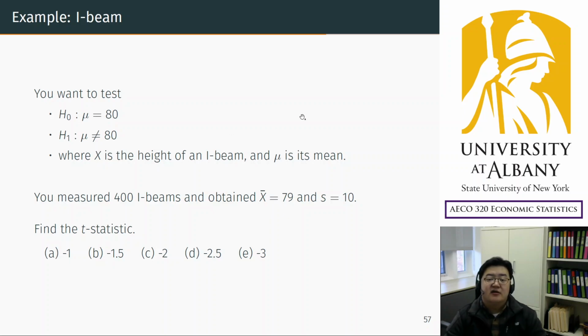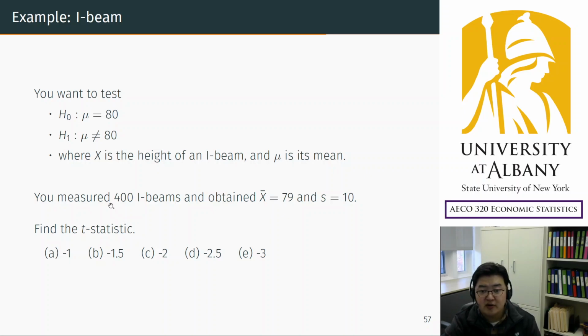Then you may understand it this way. X is the height size of an I-beam, a randomly chosen I-beam. So you randomly choose an I-beam in your construction site and measure the size. That is a random variable, so its population mean, the population expectation, is mu. Suppose that your sample size is 400.